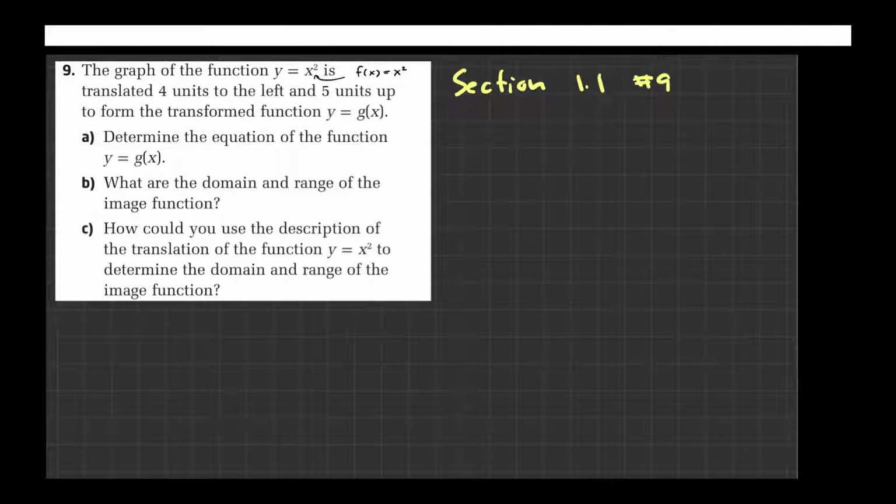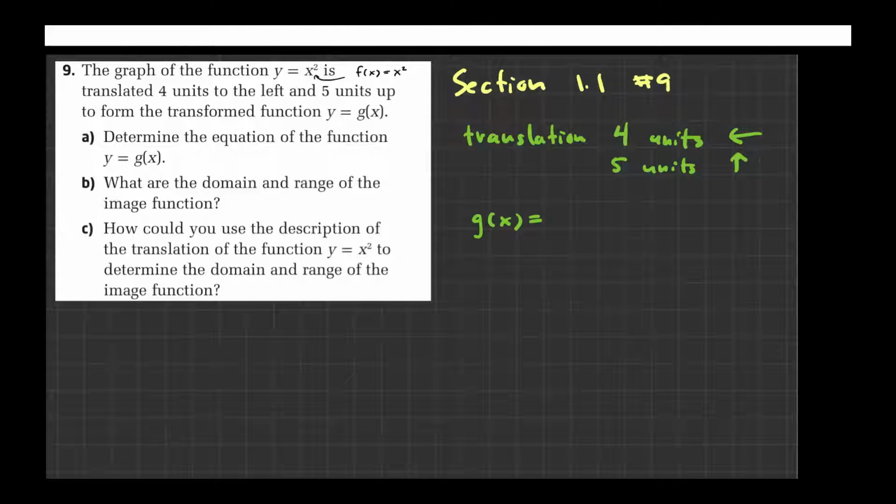The idea is that we're just translating this function: 4 units to the left, and I'm just going to write the arrow left, and 5 units up. This is why I wanted to name the first function f of x. Sometimes it's just easier to refer to things if you name them.